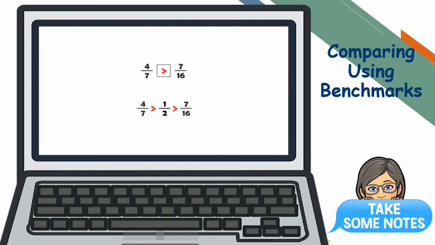Fractions that are common and easy to deal with, such as 1/2, 1/4, or 1/3, are called benchmark fractions. And here, when we compared our original fractions, we used the benchmark fraction 1/2, which is very familiar. Then we compared the two fractions to this benchmark, and this helped us figure out which one was the greater fraction.